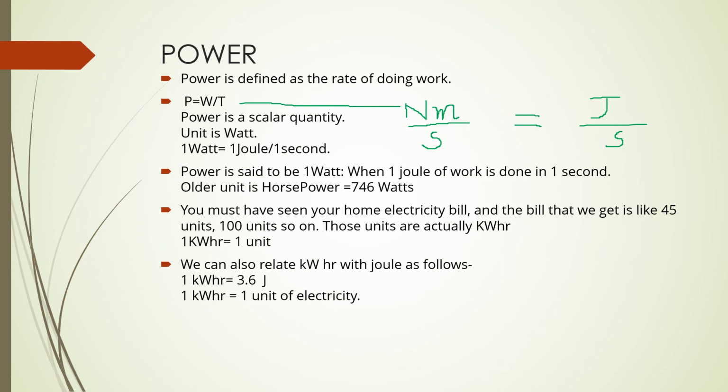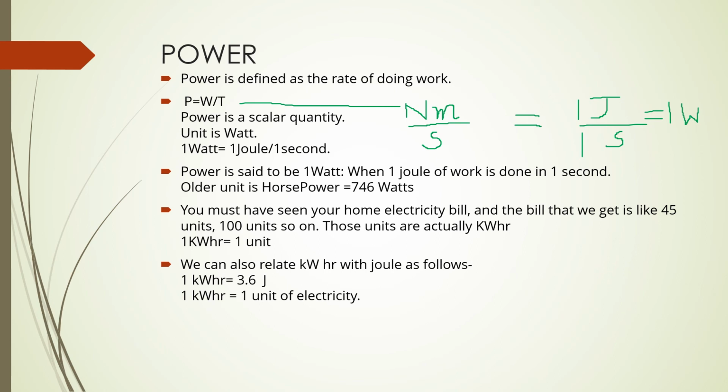Now we are going to define 1 watt. 1 watt is when 1 joule of work is done in 1 second, that is 1 joule divided by 1 second, equal to 1 watt. So when 1 joule of work is done in 1 second, the power is said to be 1 watt.